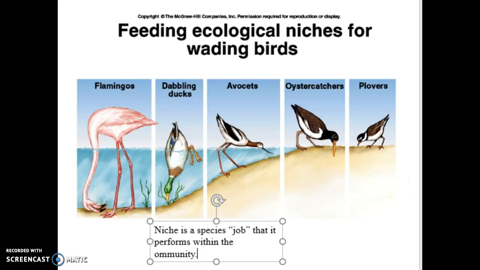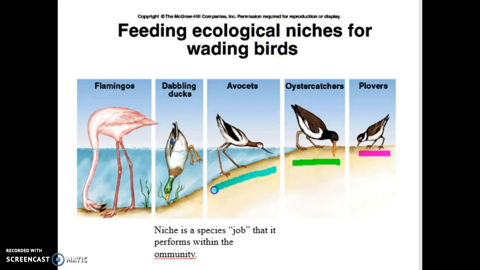So the ducks, the geese, the plovers, all these birds here, if you notice, they all have a very specific ecological niche where they feed. Our plover feeds way up here on shore. The oystercatcher, a little further towards the water and even a little bit into the water's edge. The avocets, shallow water, maybe 3 inches to about 8 inches of water. The ducks, well, those guys are pretty good in 8 to probably about 12 or 14 inches of water.